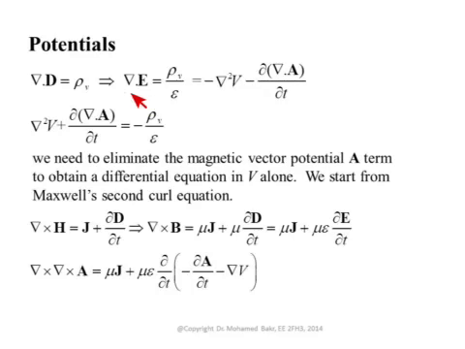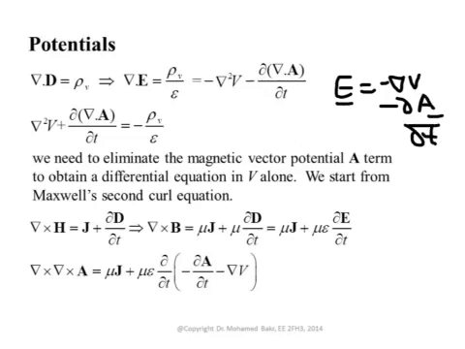So divergence of E is equal to rho volumetric over epsilon. But from the previous slide, E is equal to minus gradient V minus partial A partial t.